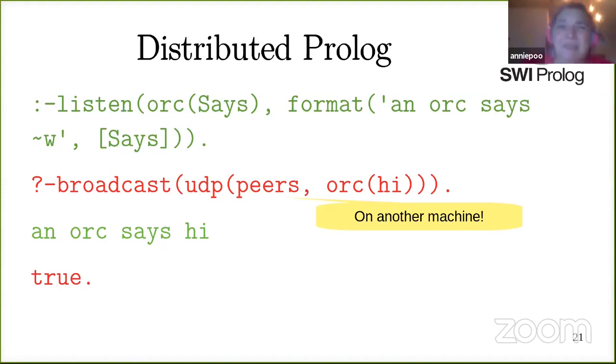And then I go to the red machine and I load library UDP broadcast, and I do more or less the same broadcast, but I say to send it to the UDP. And it shows up on the other one, which is kind of nifty. So all of a sudden we've got distributed agent programming with only a few characters changed.